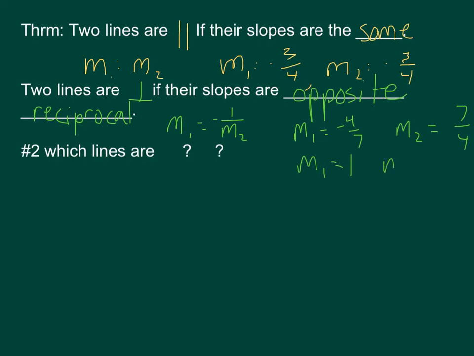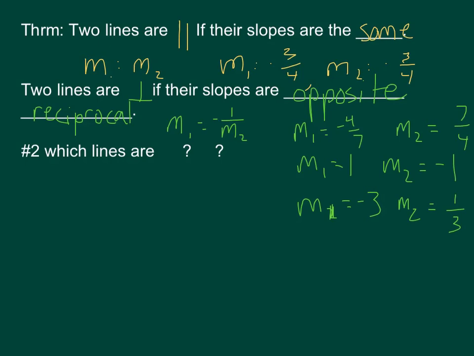When you flip 1, you just get 1, but instead of positive, it's negative now. And let's say m1 was negative 3. So it goes from negative to positive. Instead of 3/1, it's now 1/3. So make sure you flip and make sure you switch.